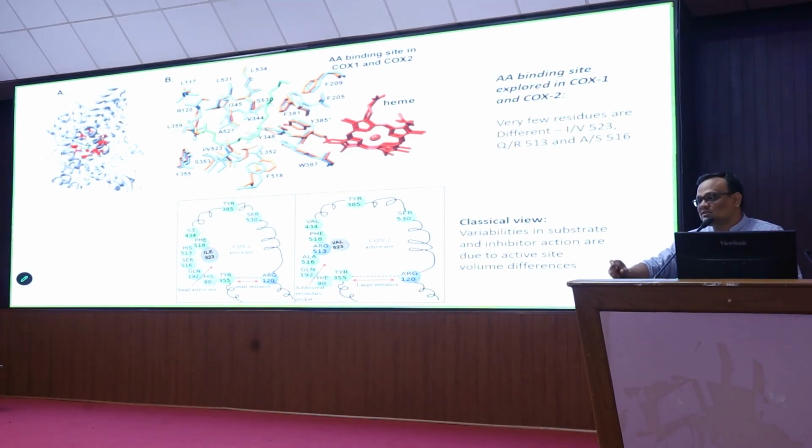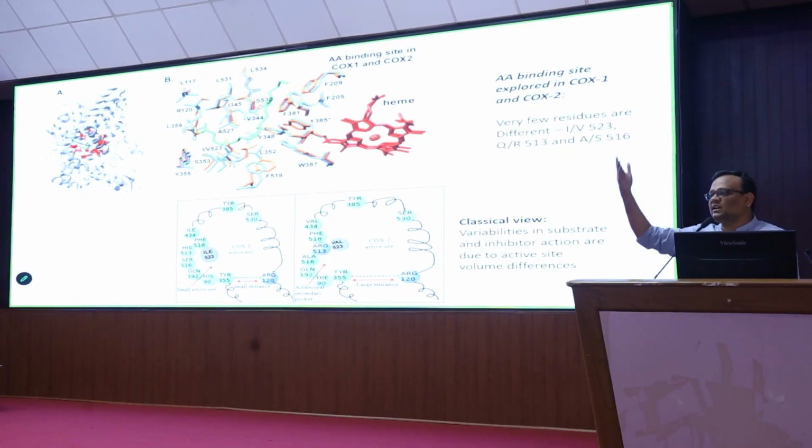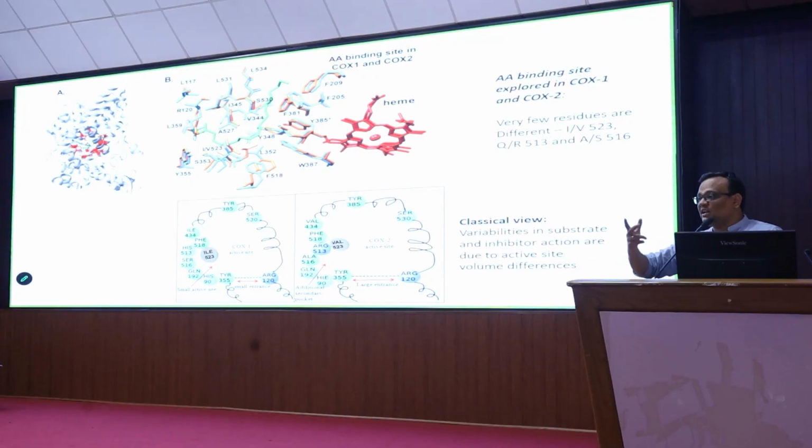Whenever you have some inflammation or ROS or oxidative stress, cyclooxygenase 2 is expressed and made. So the minor changes in the active site volume, they say, lead to the variability in substrate and inhibitor preferences. Therefore there are COX-1 specific inhibitors, COX-2 specific inhibitors, and dual inhibitors of both the isozymes.